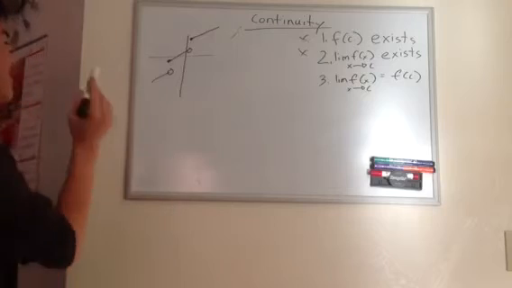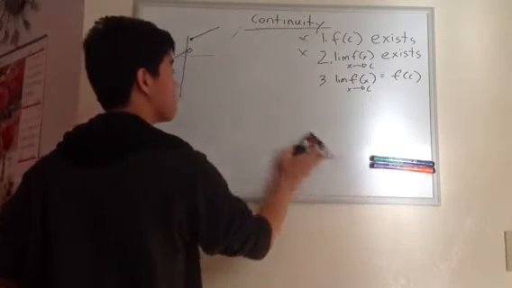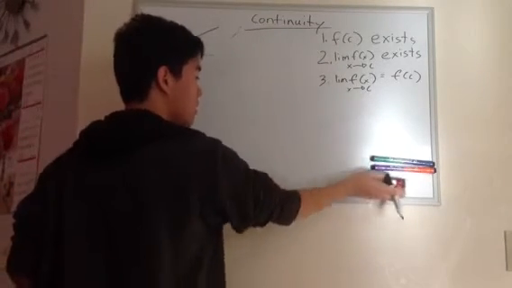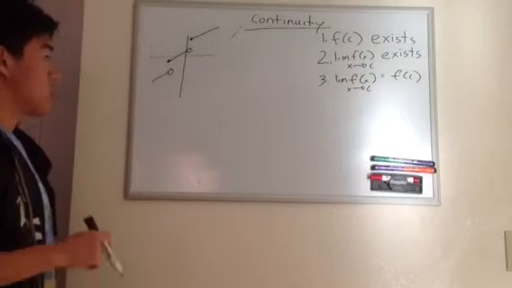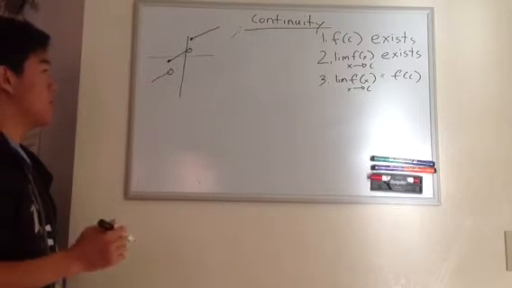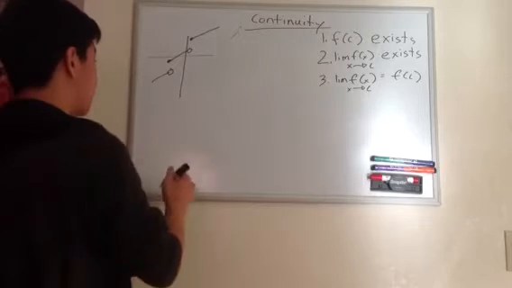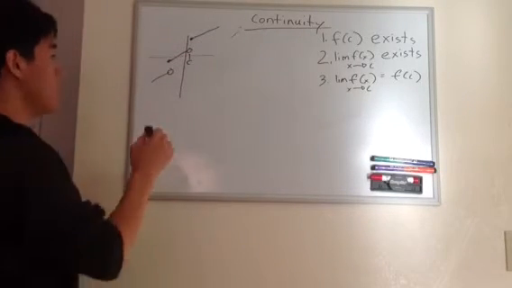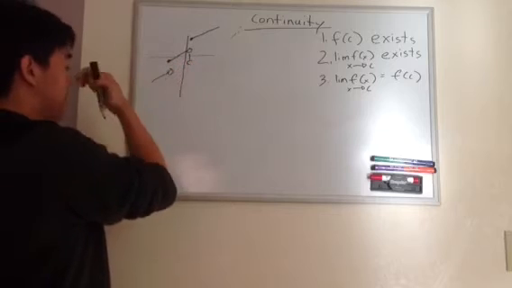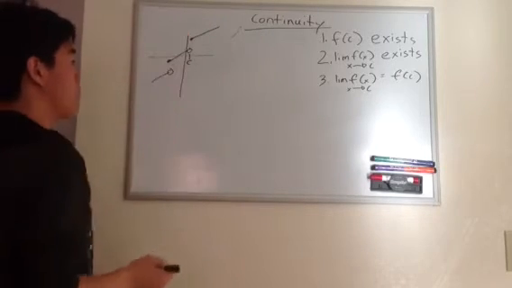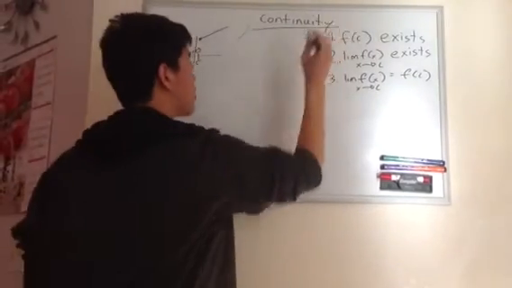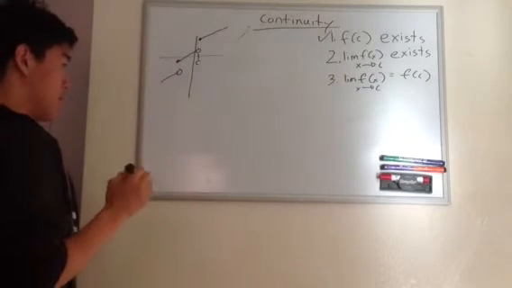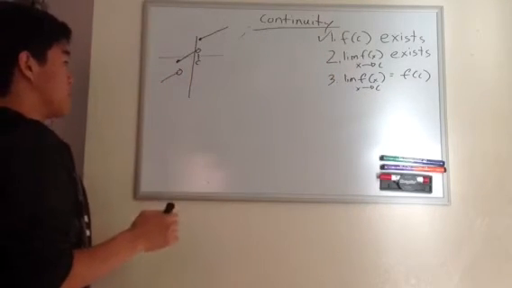Now, is this graph continuous? Well, whenever you're asked this question, go back to the 3 rules that Milton went over. Does f of c exist at this point c? In this case, f of c does exist. It's over here. So, put a check mark. Does the limit of f of x as x approaches c exist?